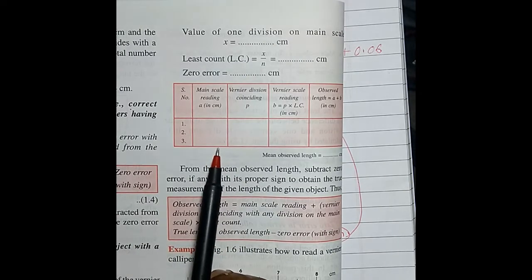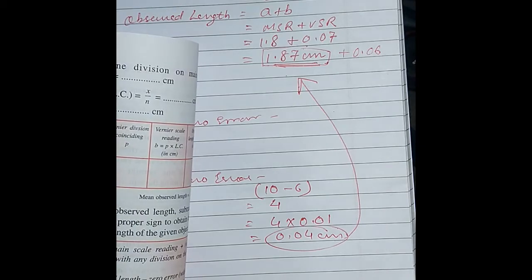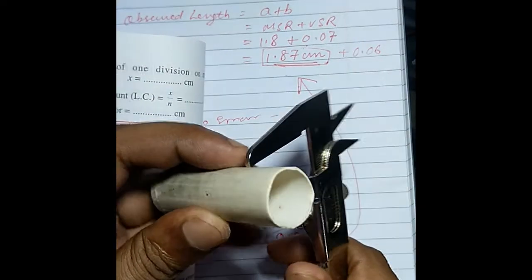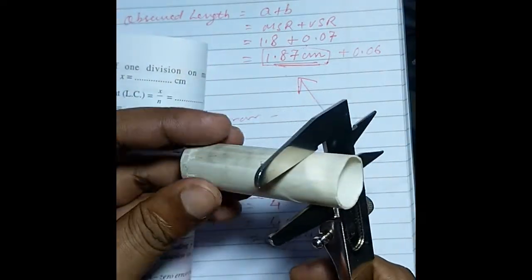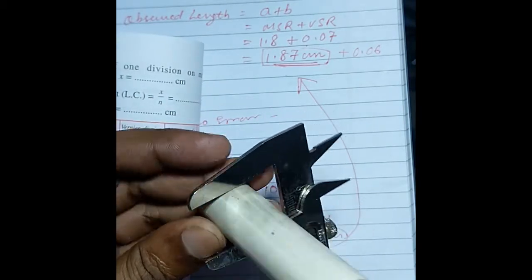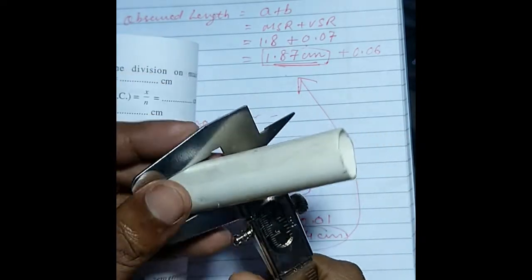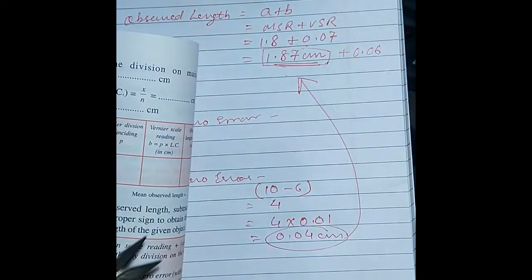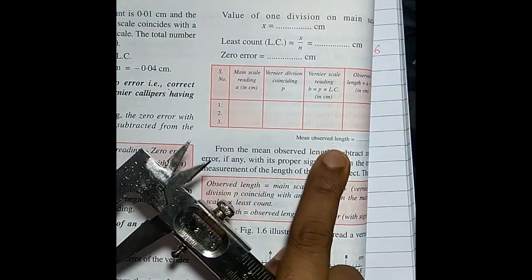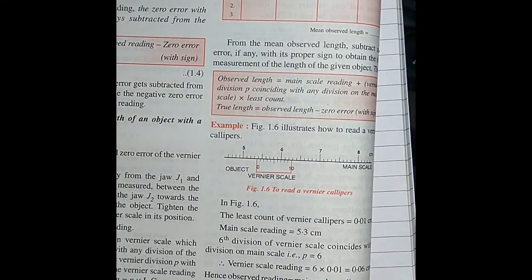For example, one reading we will take for this part, one reading a little bit in the middle, and one reading towards the base. So like this 3 readings we are taking, and then finding the average to find the mean observed length. All right, so here are some numericals based on the vernier caliper. You can go through this.